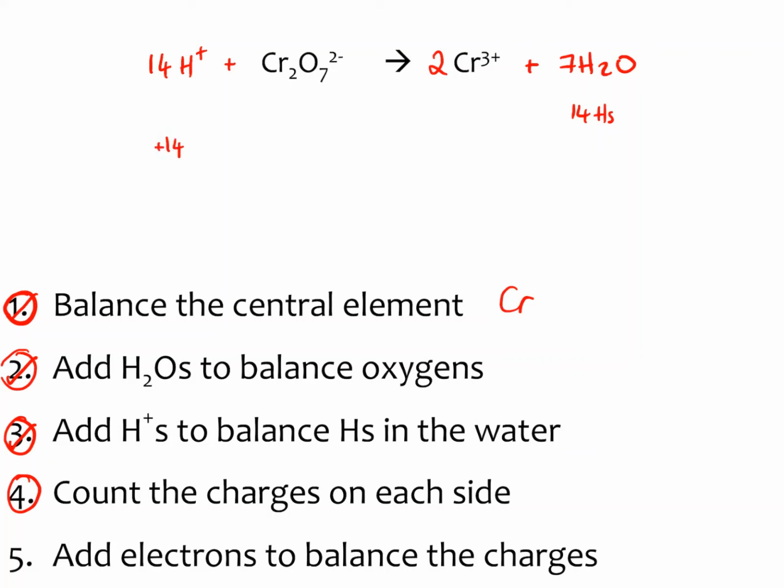So we have plus 14 from the H+, plus a -2, put these in brackets. We then have 2 lots of +3 from the chromium 3+, and 0 from the water. And so we have a +12 on the left-hand side, and a +6 on the right.